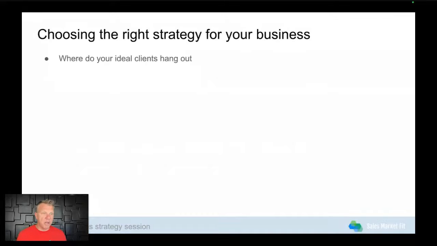Well, first and foremost, we have to go where our ideal clients hang out. If your ideal client is on LinkedIn, great. Maybe that's a solid foundation to start there in the lead generation process. If you're selling to plumbers or carpenters and they're not on LinkedIn, then that's not the right strategy.